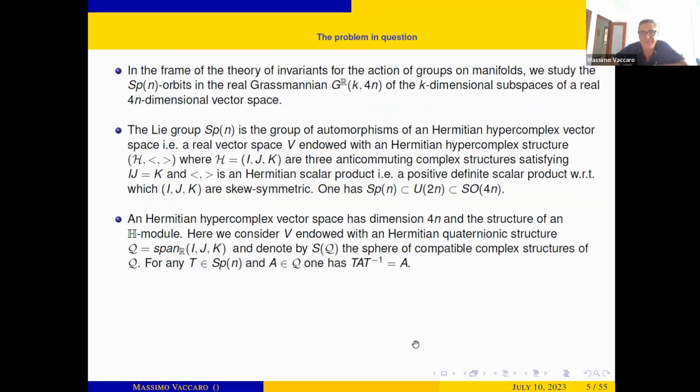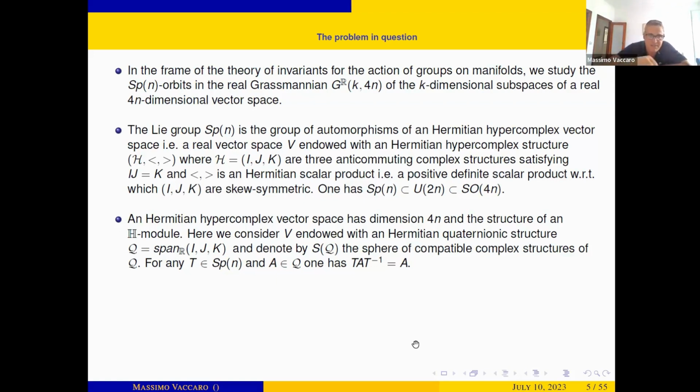The Lie group Sp(n), which is called the quaternionic unitary group, is the group of automorphisms of a Hermitian hypercomplex vector space, that is a real vector space V endowed with a Hermitian hypercomplex structure: three anticommuting complex structures i, j, k satisfying ij = k, jk = i and ki = j, cyclic permutation.